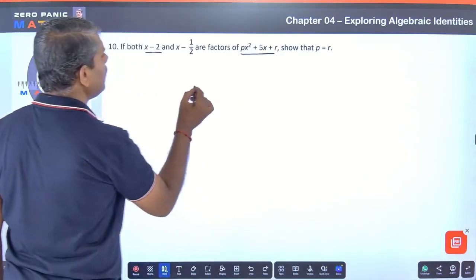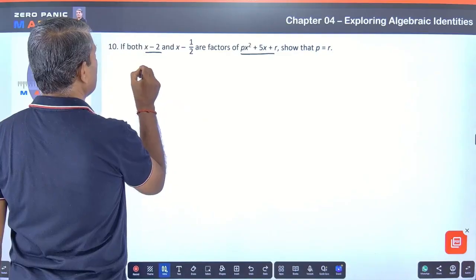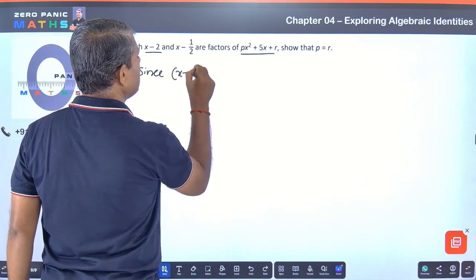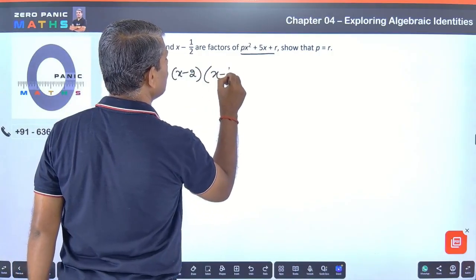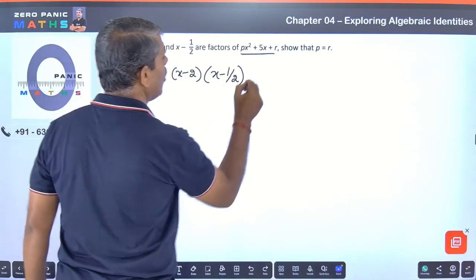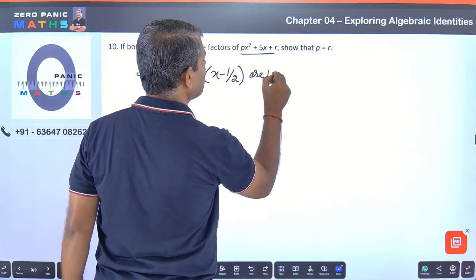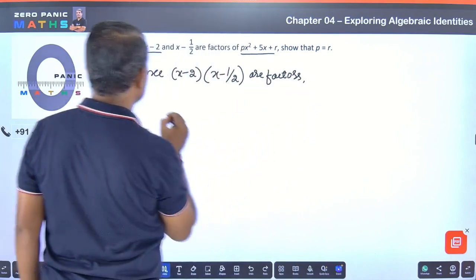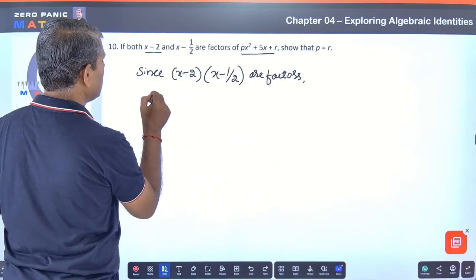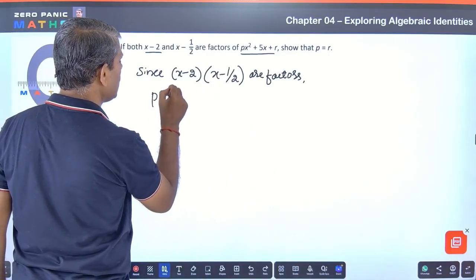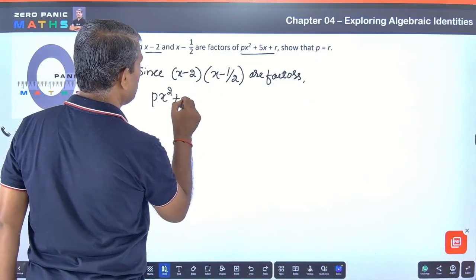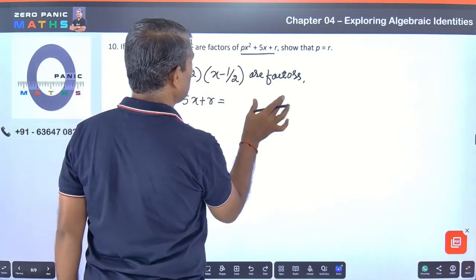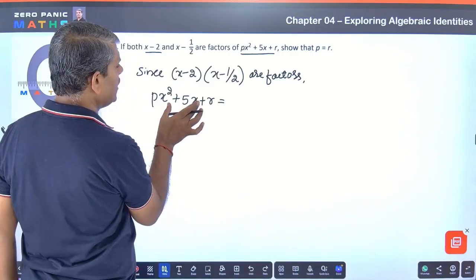In general, what we will do is, since x minus 2 and x minus 1 by 2 are factors, we can write this expression as px square plus 5x plus r equal to, actually, multiplying these two only, it should give this, right?